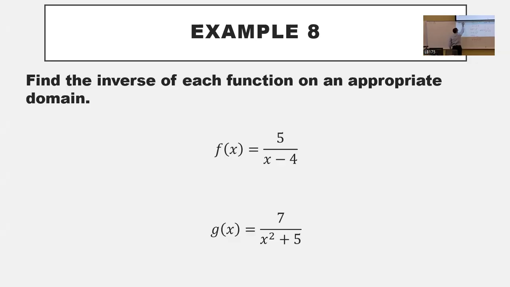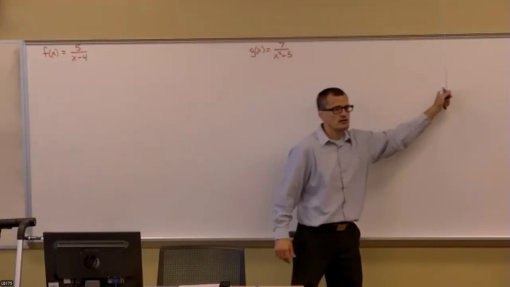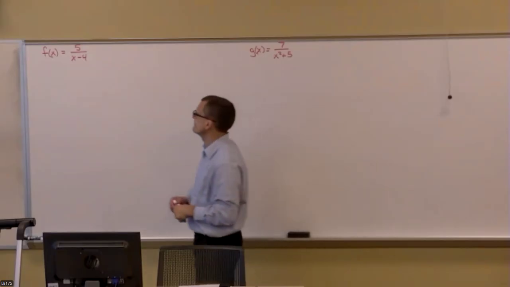We'll see two more on the next slide that also take some clever solving techniques, but clever domain restrictions. But I just want to show you these techniques. Okay? So I want to show you the techniques that these two would take to find function inverses. The solving techniques for y is the important part.